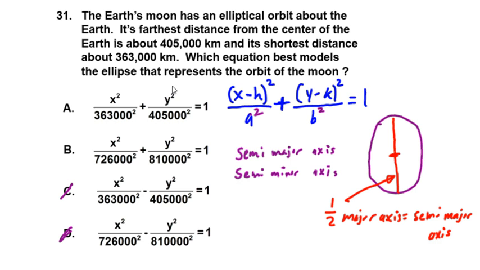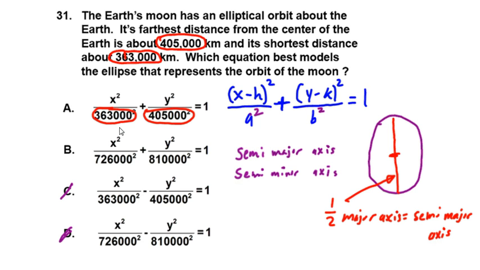And so in the equation, what you're looking at is the farthest distance from the center, which in this case, the longest one, is the major. And so we look for this, and it looks like we have that in answer choice A. And the shortest one is below the x squared term.